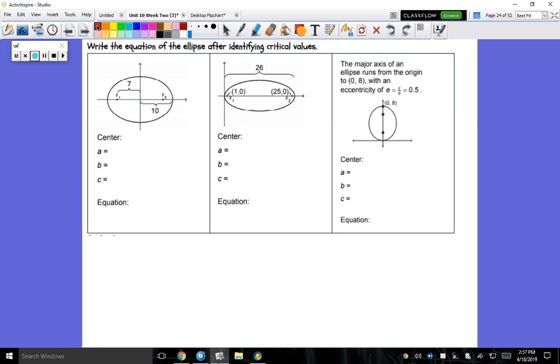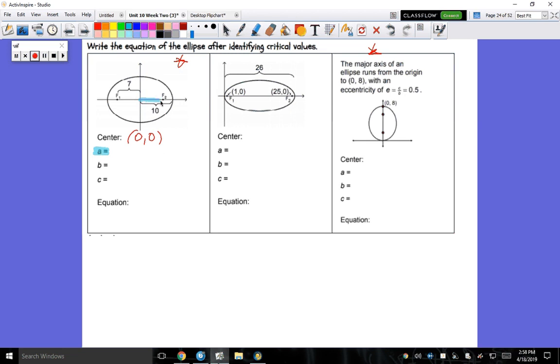All right. Let's look at the ellipse here. Okay, so we're going to do this one. We don't have time to do all three of them. What's the center of the first one? 0, 0. Can you see the A value right now? Because you know A is the same as what value? X or Y?